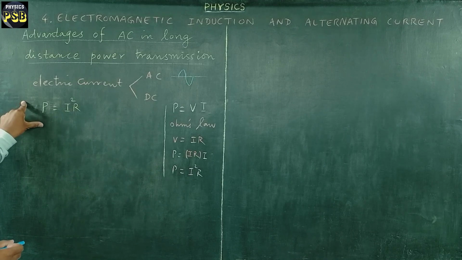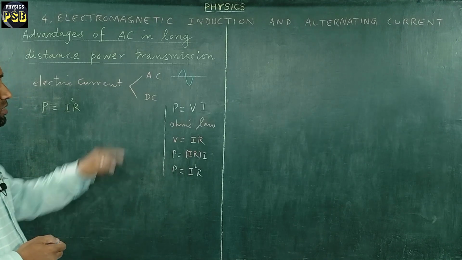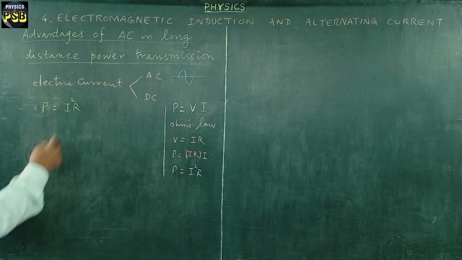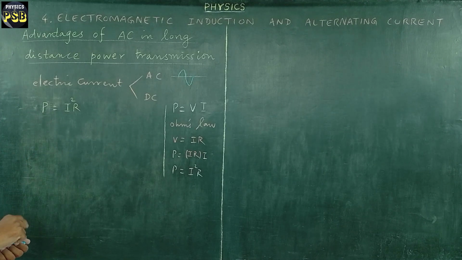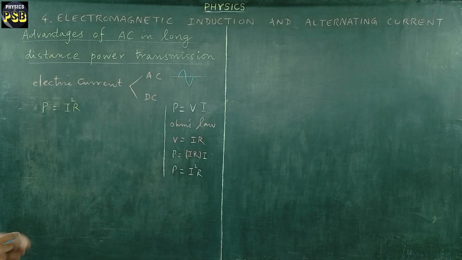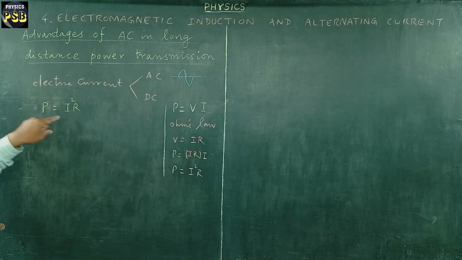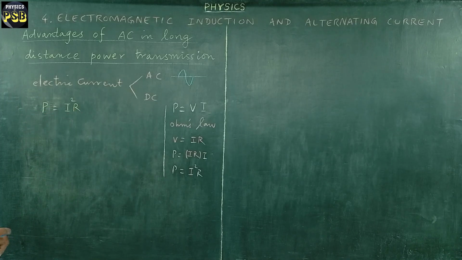Now, if the current passing through a transmission line is alternating current, then the power loss can be minimized by increasing the voltage. And before that, let me tell you how one can reduce the power loss. From this expression, it is clear that the value of P, that is the power loss, can be reduced if we decrease any one of these parameters.